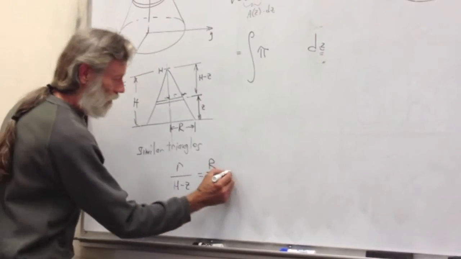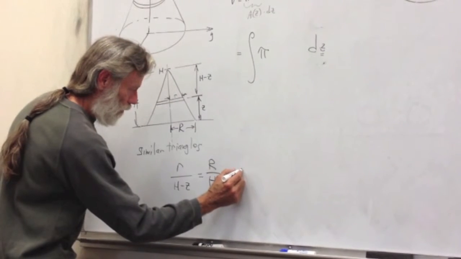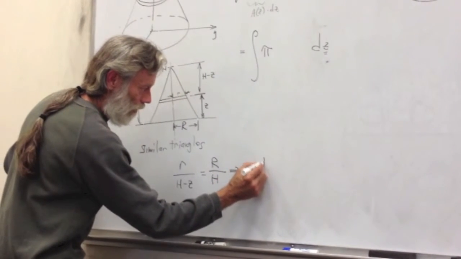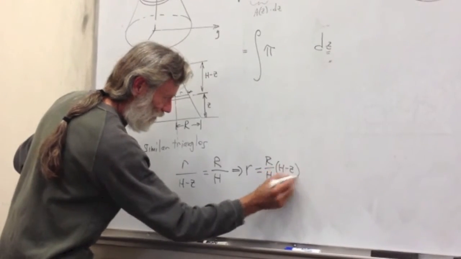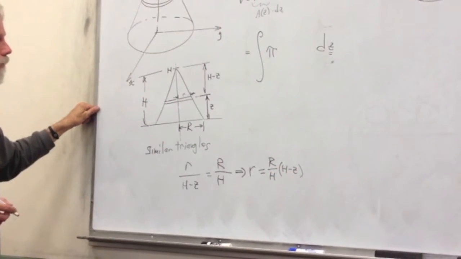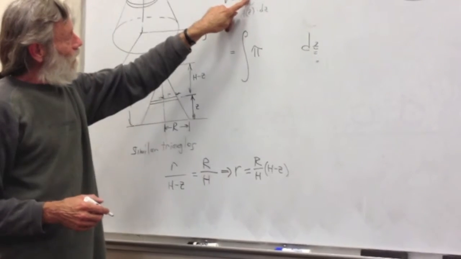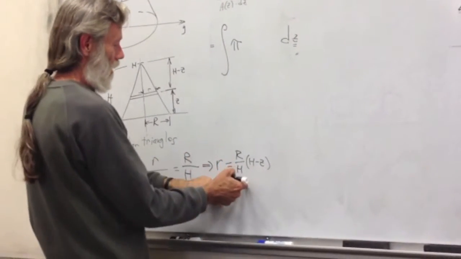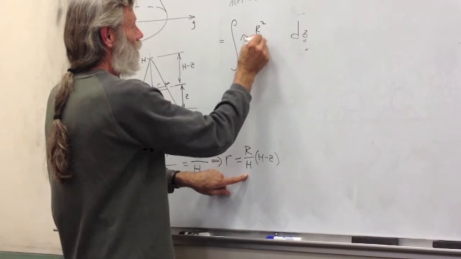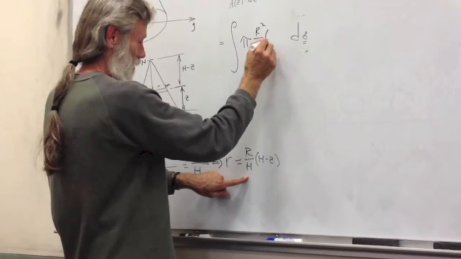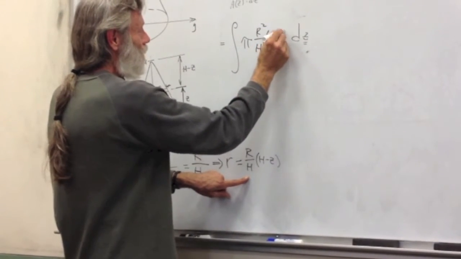And so that's going to say that I can replace r with big R over big H times H less Z. Therefore, instead of this r squared, I have this thing squared. So I have R squared over H squared, times H less Z squared.